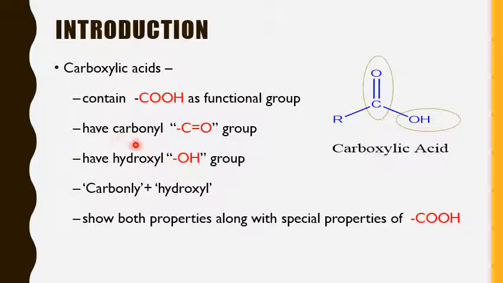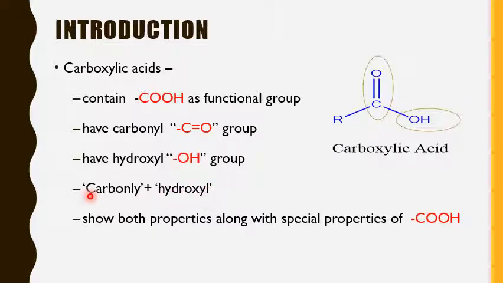Why is the name carboxylic given to this functional group? It has CO as well as OH, therefore it has to have a combination of these two names. CO is called a carbonyl group and OH is called a hydroxyl group. So, from carbonyl just take the carb, and from hydroxyl just take the oxyl.